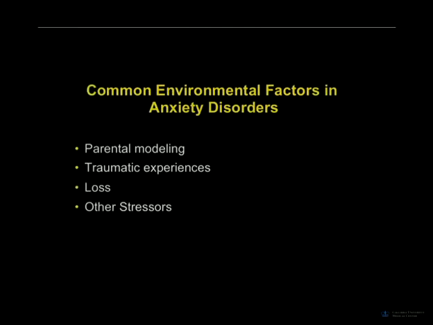As I mentioned, there's a genetic component, anywhere from 20 to 60%, that leaves a big environmental component. So there are quite a few factors in the environment that may be important. They range from things like parental modeling. So if you have a parent who shows socially anxious behavior and is overprotective, you learn from that. Traumatic experiences.